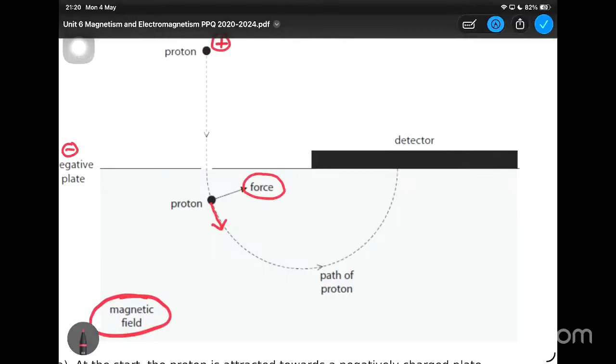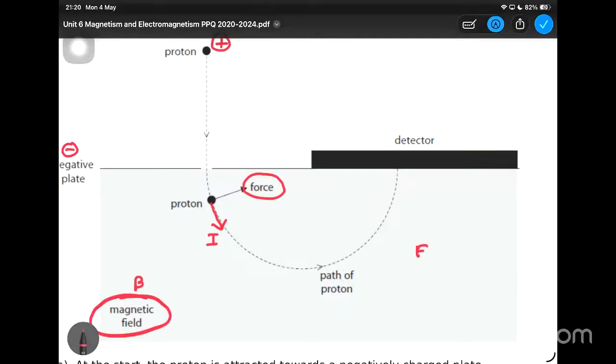So you are dealing with three factors: force, current, and magnetic field. Last week I gave you that. For a proton, the current direction is also the direction of the movement. So we are dealing with three factors, which means you need to apply Fleming's left-hand rule, right?